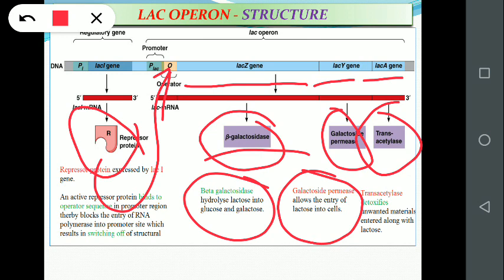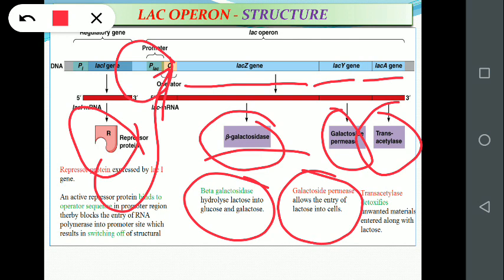So when the repressor binds to the operator, the promoter site is occupied by the repressor. Therefore the RNA polymerase cannot bind to the promoter site, because it is occupied by the repressor protein. The repressor is physically stopping the entry of RNA polymerase into the promoter region.